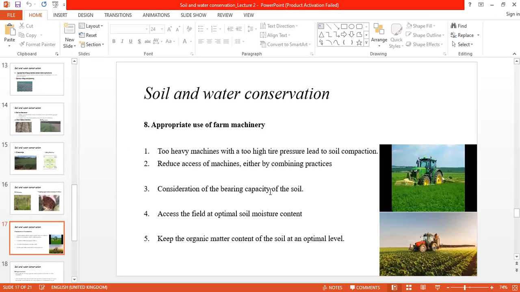They apply a pressure and then release. They apply a pressure and then release. So you find that at a lower pressure, when you compress the soil and you release it, the soil will still go back to its position.